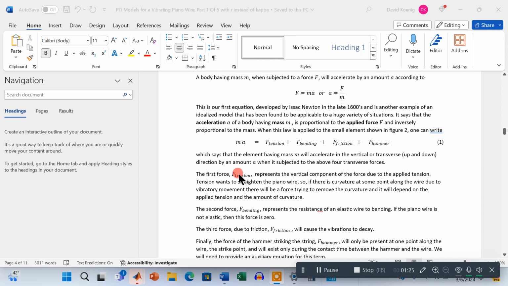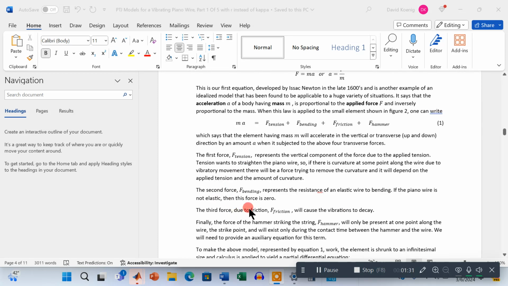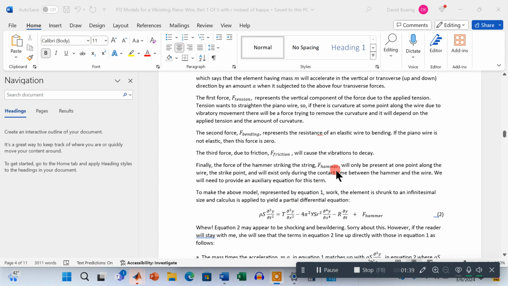And here would be F, the force due to tension. Here is force due to bending, resistance of bending. Here's the force of friction. Here's the force when the hammer strikes, the force that is exchanged between the hammer and the string.